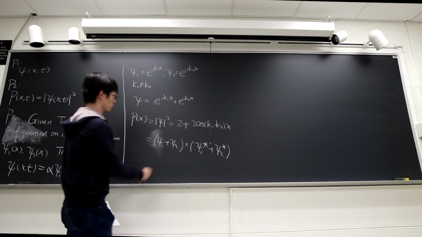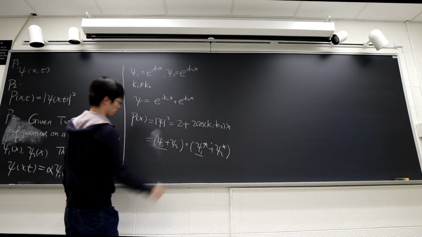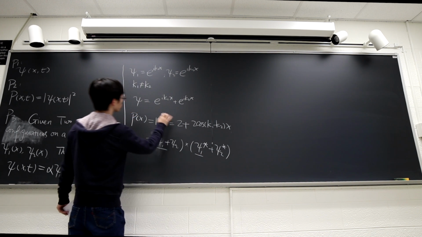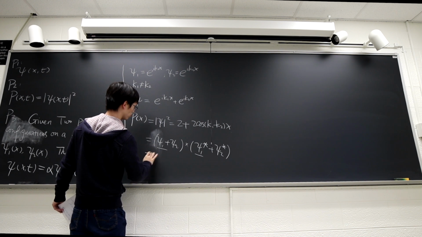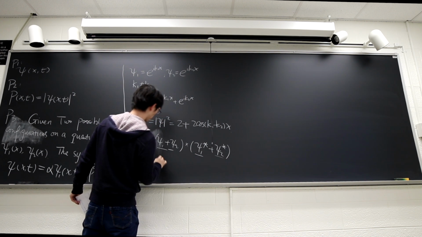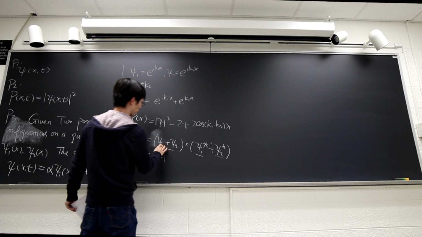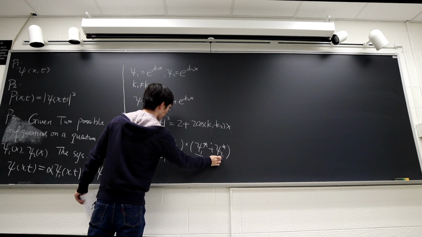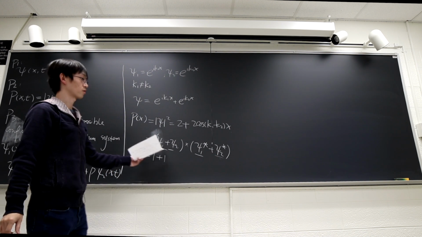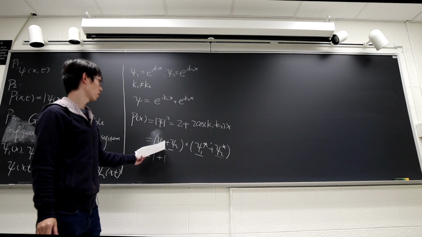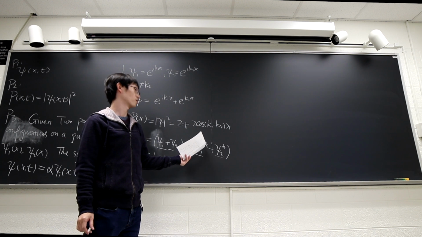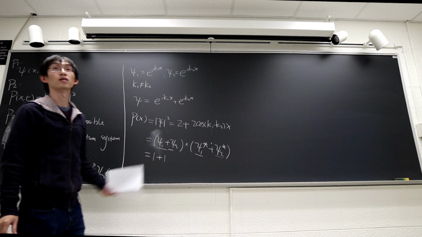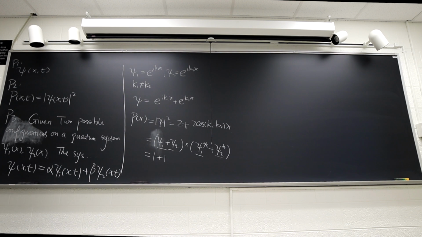So psi 1 times its complex conjugate gives you 1, and this one gives you the other 1. And then now you have what we usually call the cross term: psi 1 times psi 2 complex conjugate plus psi 2 times psi 1 complex conjugate. And this is usually not 0.